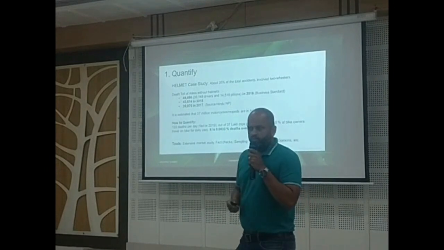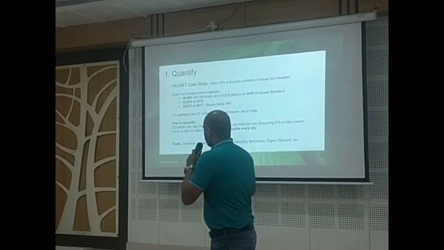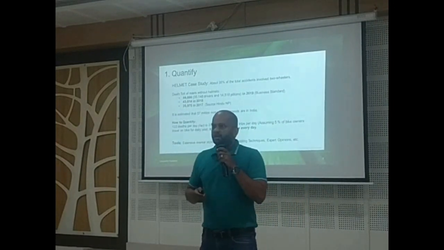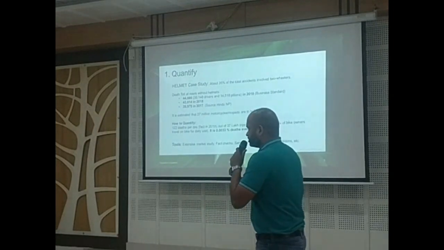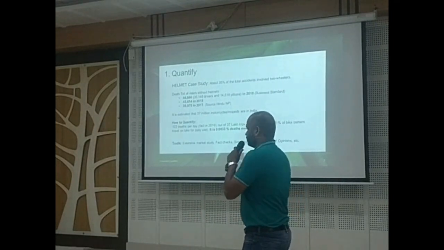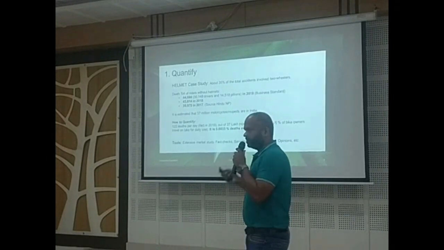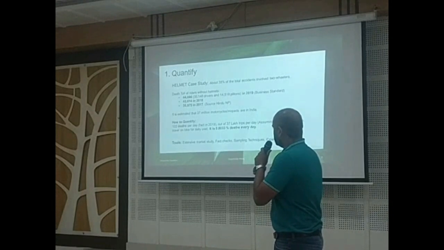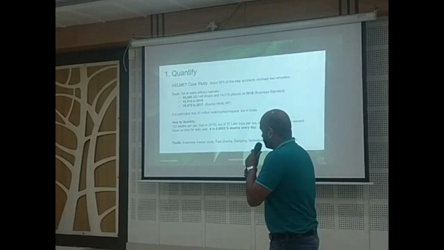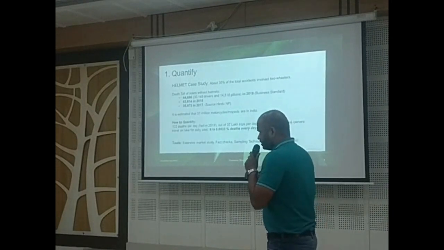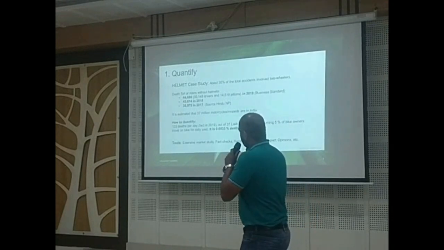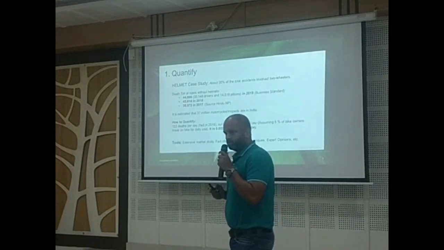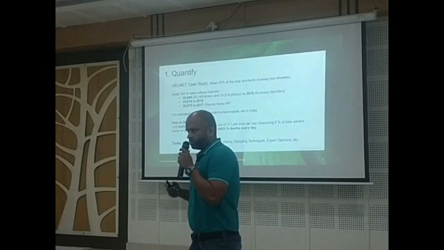I did a little study on Google identifying the number of deaths caused among two wheeler riders who are not wearing helmets, and I found around 44K in 2019, 43K in 2018, and 35K in 2017. Another observation is that in 2019, not only drivers but pillion riders are also affected.